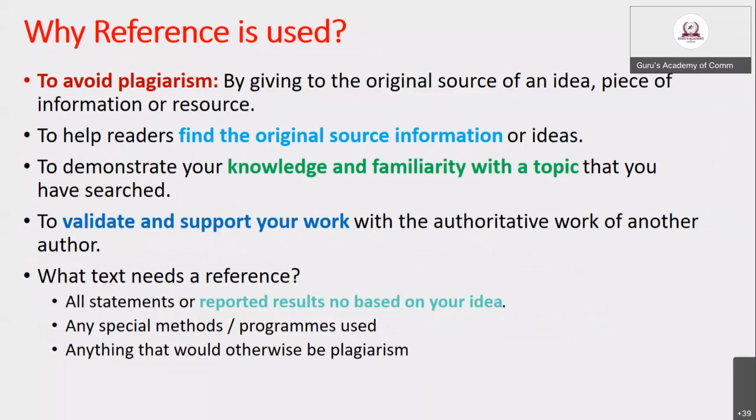You must learn that reference management is very important. The second one: it helps the reader find the original information and ideas. For example, if you are writing an article, the reviewer easily gets the idea from the original source of information. Another one is that it demonstrates your knowledge and familiarity with your topic.